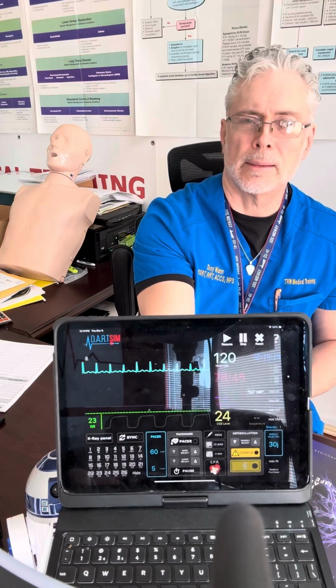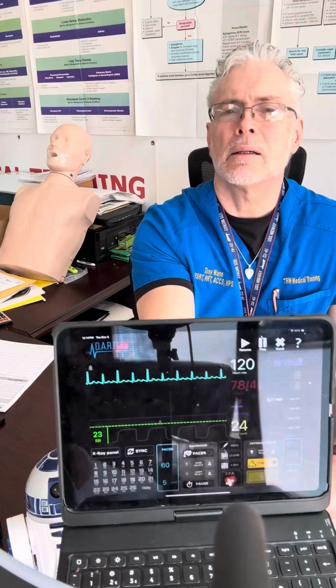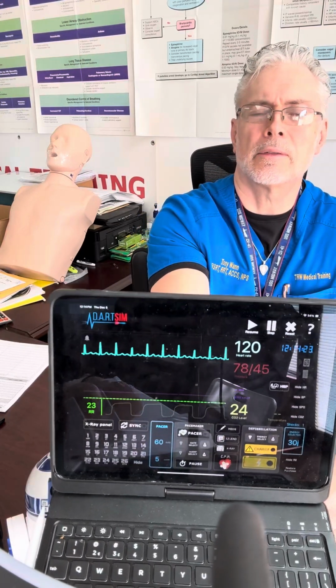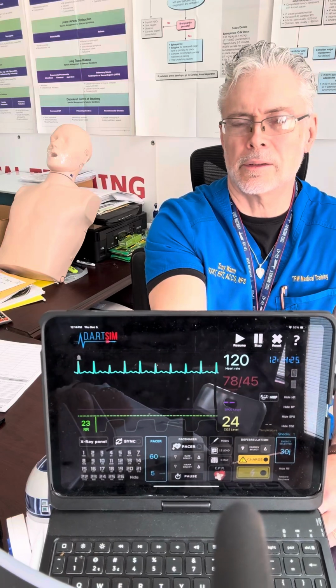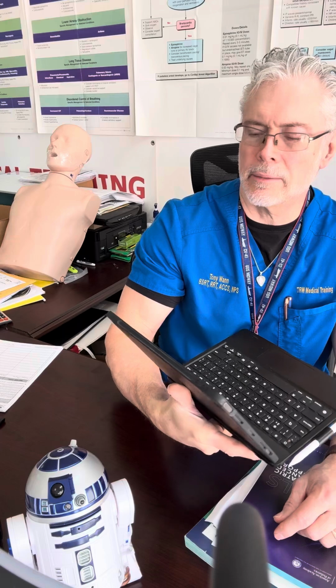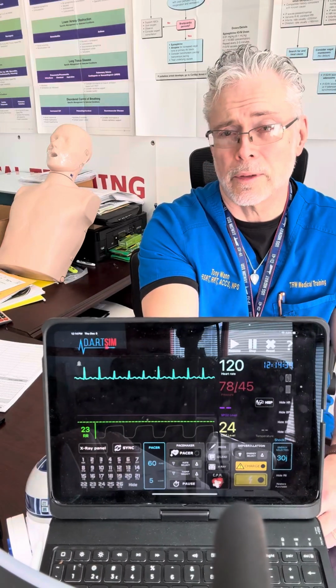Stable or unstable? To simplify things, always ask yourself this. Where's the systolic at? If the systolic is less than 90, it's going to be considered unstable, according to the American Heart Association. In this case, we have a blood pressure of 78 over 45, which is unstable.